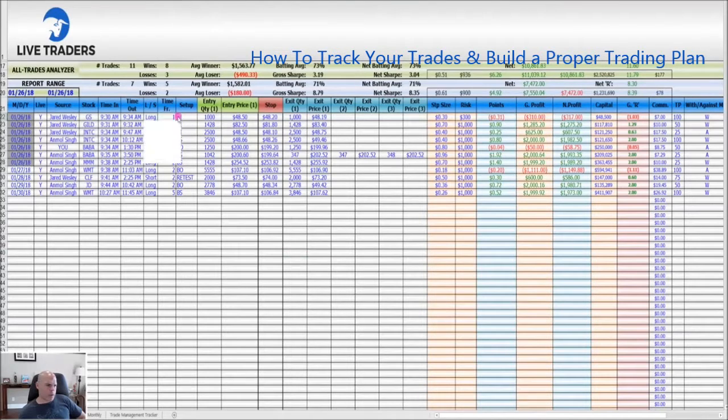Little drop down menu here, right? What time frame you took it on. Okay, over here is the setup, right? Little drop down menu. What was the setup that you took? Okay, so this populates long, short, etc. and so forth. All right, so once you fill out that and you go up to basically this line right here, the rest of this auto populates.